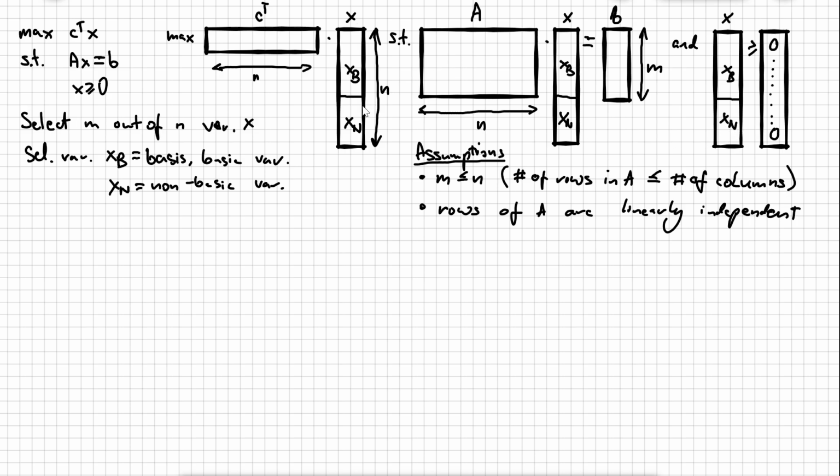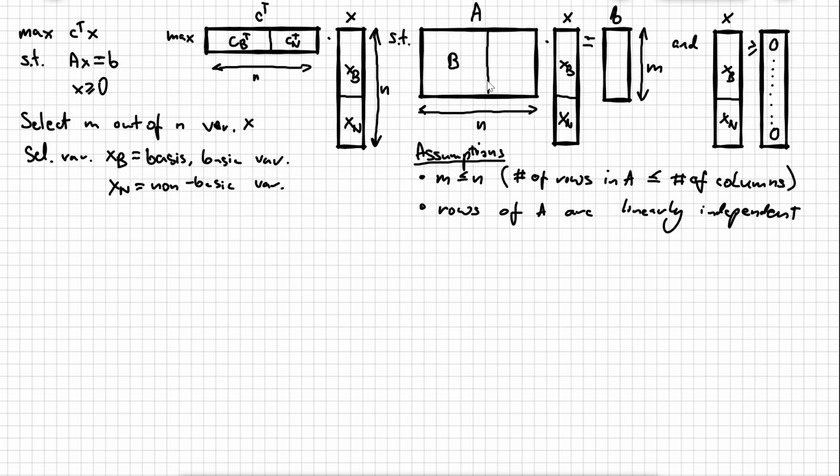And of course, if I want to rewrite this model, I could divide the cost coefficients, the objective coefficients, and call them CB transposed and CN transposed, right? Of course, B stays as it is, but also the matrix A can be divided into the part that corresponds to the basic variables, which I'm going to call just B, not AB and AN.